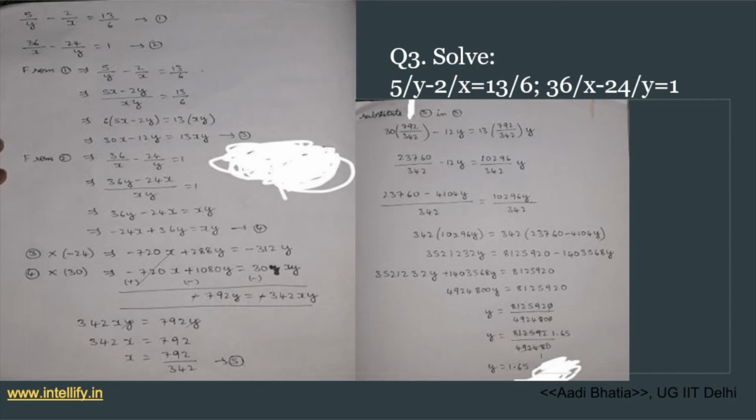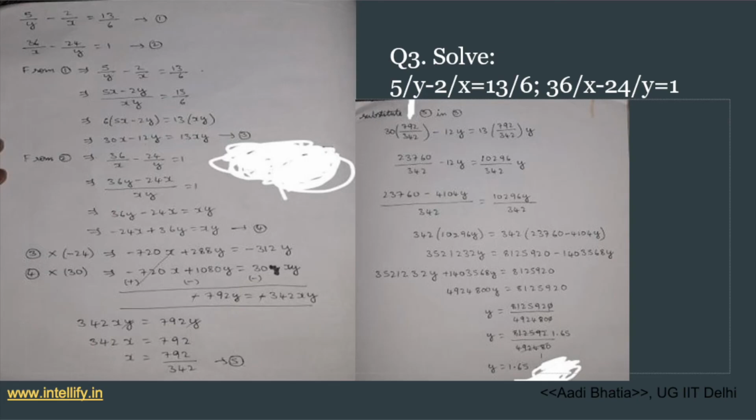Going ahead, we'll put equation 5 in equation 3 and form 30 into 792 upon 342 minus 12y is equal to 13 into 792 upon 342 y. So 23760 upon 342 minus 12y is equal to 10296y upon 342.